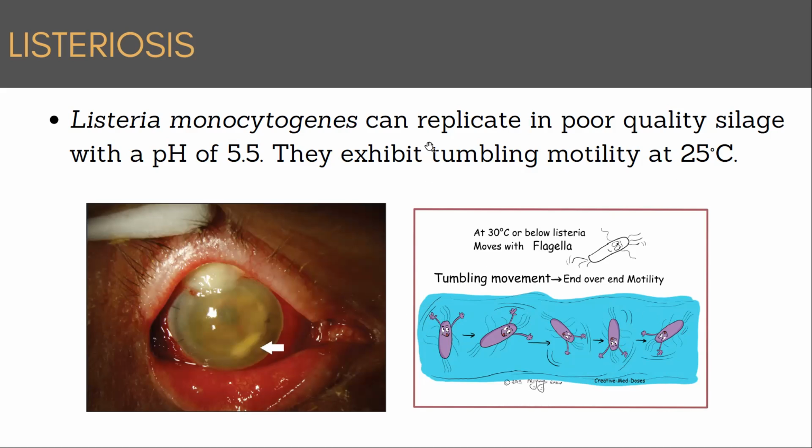Like how you tumble. Marunong mo kayo mag-tumbling. So, kapag 25 degrees Celsius or below 30 degrees Celsius, listeria performs tumbling motility due to their flagella. So, flagella, yun yung hair-like structure sa mga bacteria.